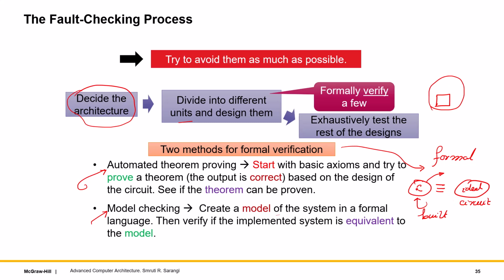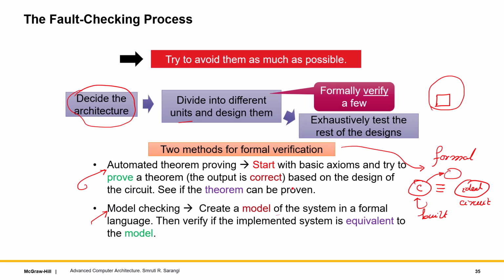So in this case, in automated theorem proving, you don't prove that much that is equivalent to an ideal circuit, but you prove that it is equivalent to an ideal mathematical model, right? The mathematical model could not be a full model, but it could have certain properties. So you could say that the output satisfies a set of properties and these set of properties are sufficient, right?